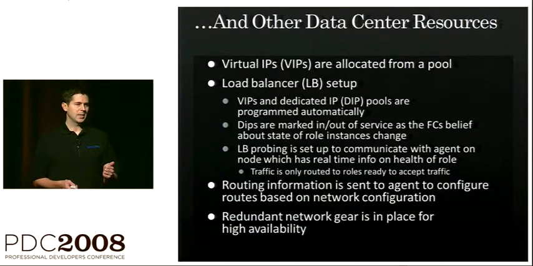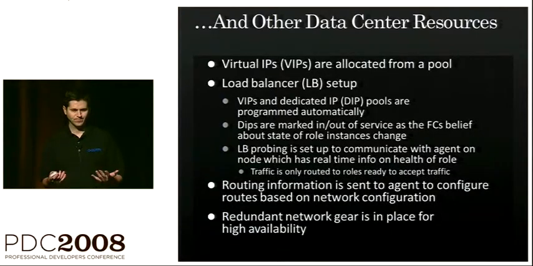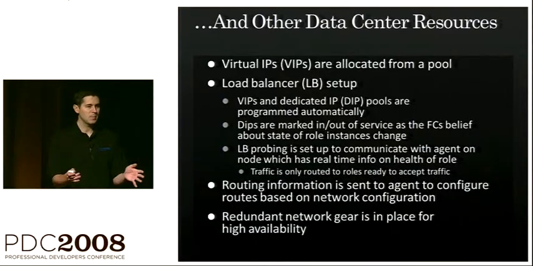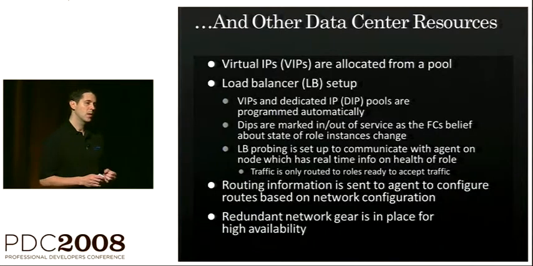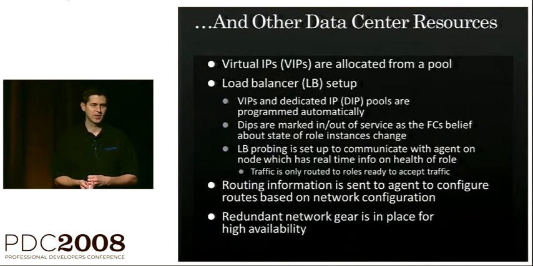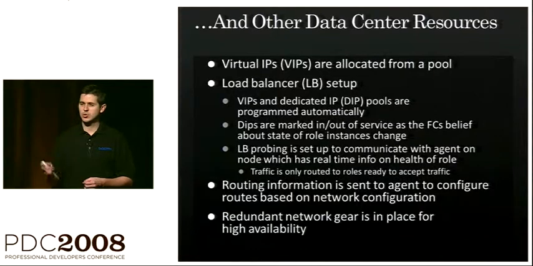We could do a couple of things. When we set up the dedicated IPs, all the IPs that make up the pool that back your virtual IP, we'll do two things. One is, when we initially create those dedicated IPs, we put them into an out-of-service state. So by default, the load balancer won't initially send traffic to any of your roles that haven't been started yet.